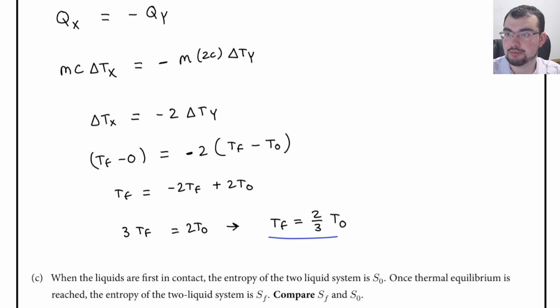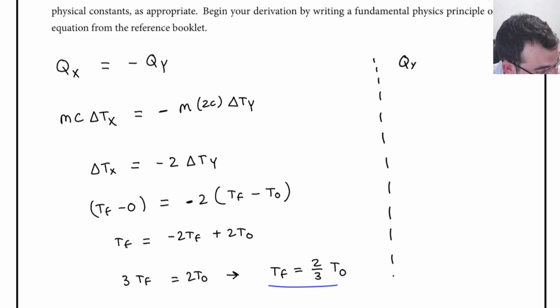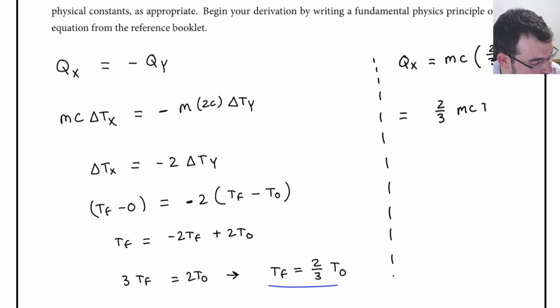We have to plug back in because we want the energy transferred in this process. So then we can just do Q from X is equal to MC delta T. It started at 0, ended at 2/3 T0. So energy transferred in this process is 2/3 MC T0.